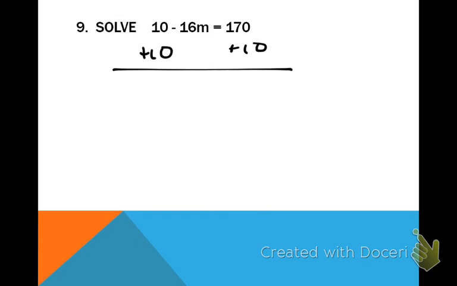Why subtract it? The 10's positive, right? So we want to undo that by using subtraction. We want the 10 to add or subtract out to 0, right? That's how that happens. Okay, now we need to simplify and get to an equivalent equation.